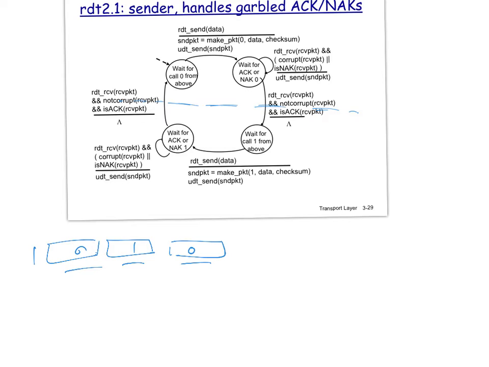But the protocol itself guarantees the order and it only needs to have two sequences 0 and 1, and this will successfully guarantee the reliability of all the packets or all the signals coming from the application layer to arrive in order, okay, and they will arrive to the application in order, and the application will be able to recognize all these data and display the web page correctly and everything.